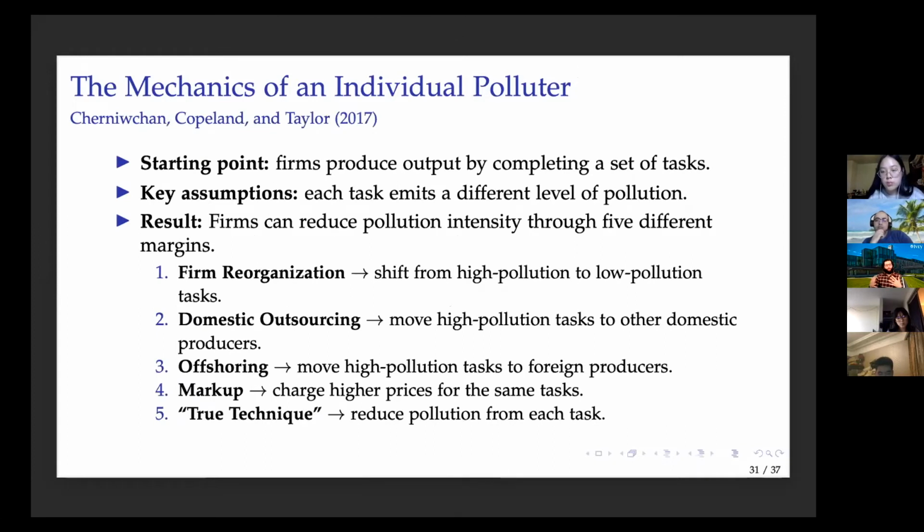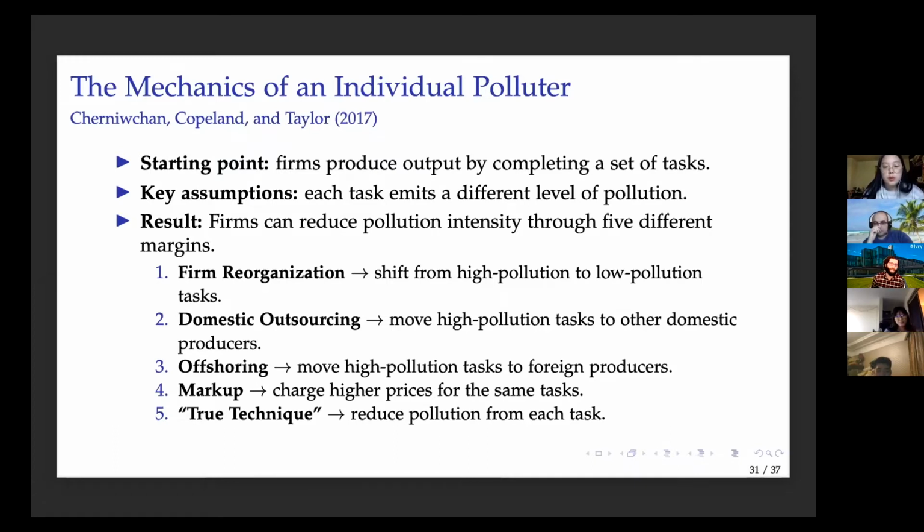I'm not going to take you through the details, but the basic idea is, well, imagine a firm creates output by performing a set of tasks. As long as each task creates different levels of pollution, then what we can do is use changes in the observed importance of relative tasks to decompose the process effect even further.